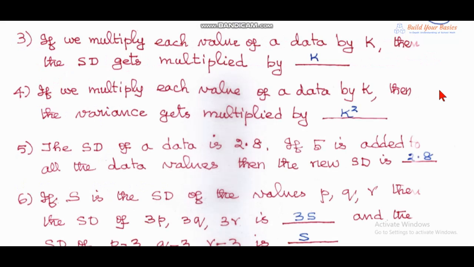Question number 3. If we multiply each value of a data by k, then standard deviation gets multiplied by k. Question number 4. If we multiply each value of a data by k, then the variance gets multiplied by k square.